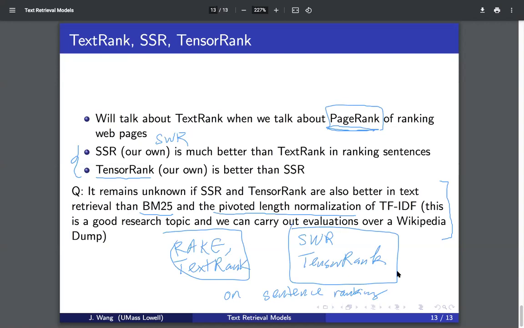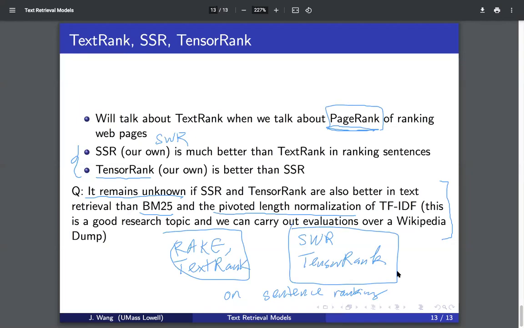But the question that remains unknown is how well they do in text retrieval, rather than sentence ranking, compared with BM25 and the pivoted length normalization. So this remains unknown, and we can think about that if you want to do a research paper.